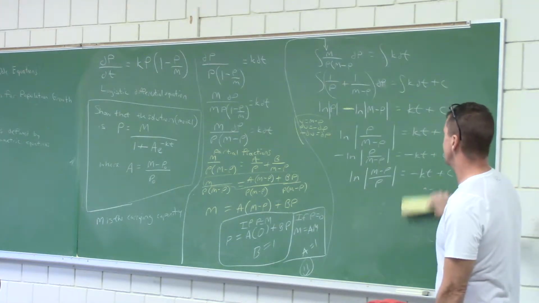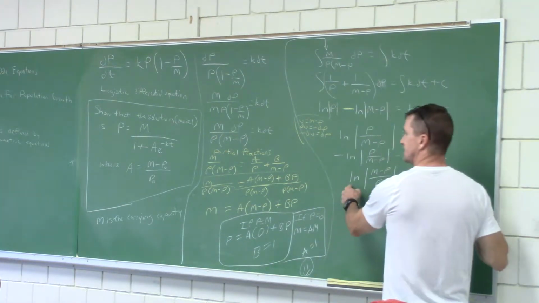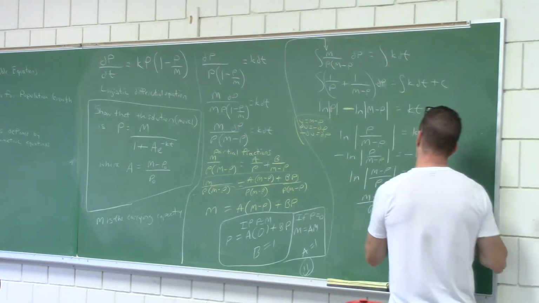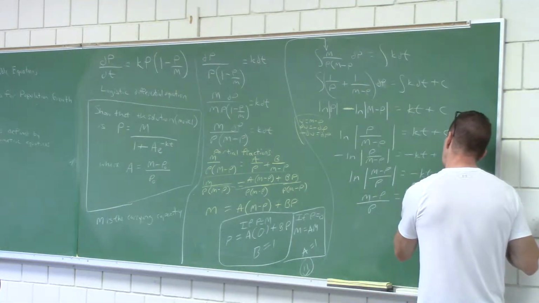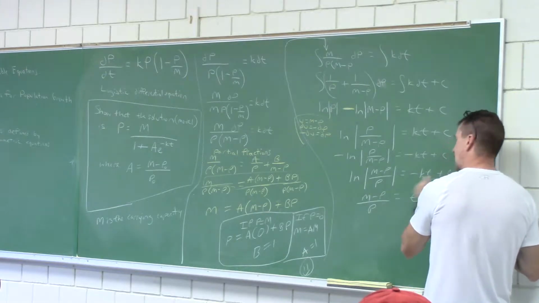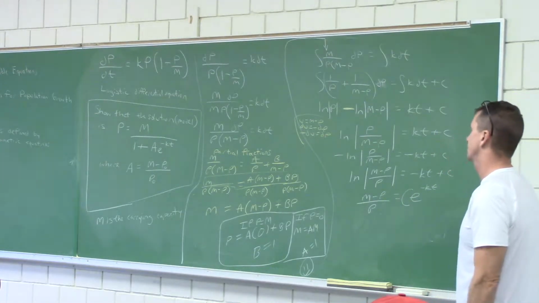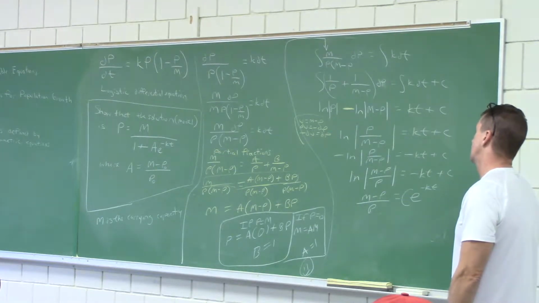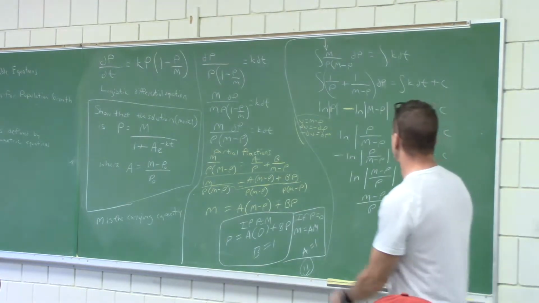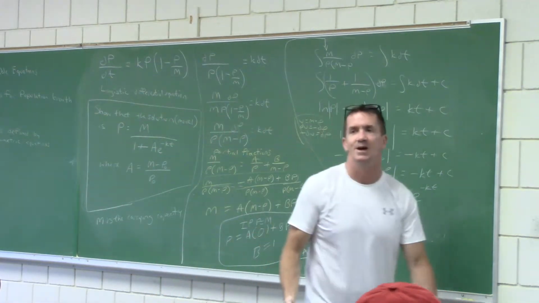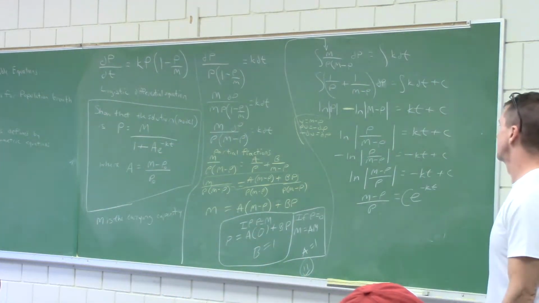Hey, you ready to eat it? What do you get? What's e to this? You get e to the negative kt. I can put the big c in front, right? Now, can you help me solve for a big P?